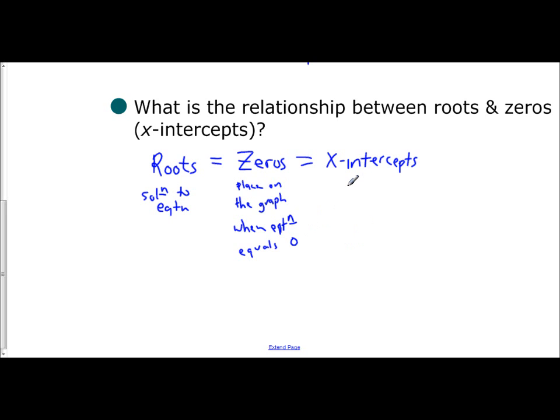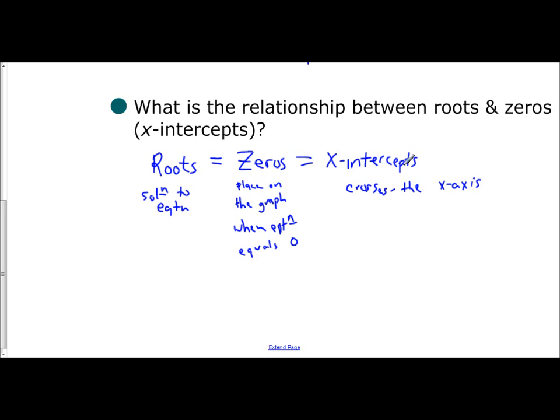And x-intercepts, you're looking for where it crosses the x-axis. All four words, solutions, roots, zeros, x-intercepts. Here we see the three words, roots, zeros, x-intercepts. All of them mean the same thing. It's just different context for each term.